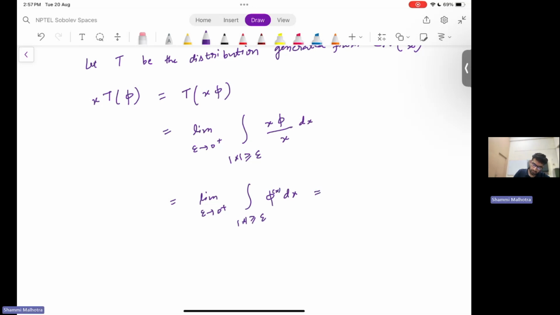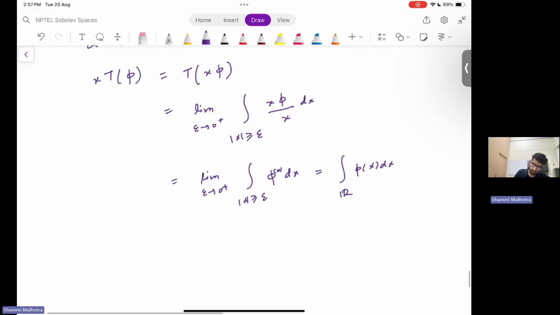This is nothing but just the integral over R, and this is nothing but the distribution generated by 1. So this can be written as T1 applied to phi, where T1 is the distribution generated by 1.